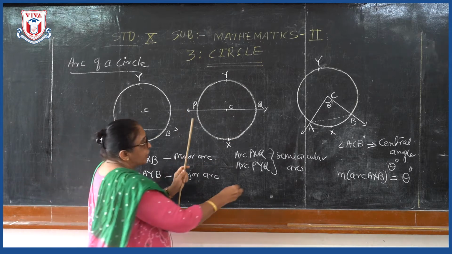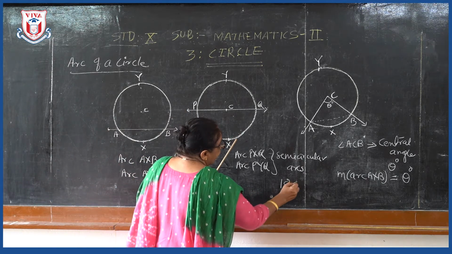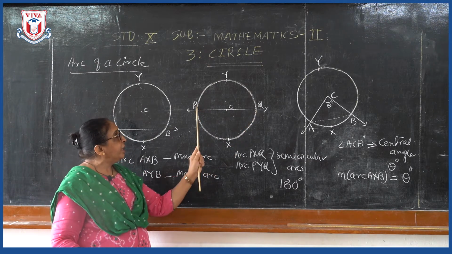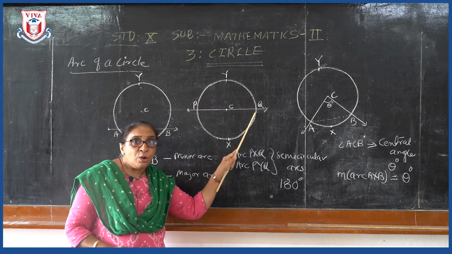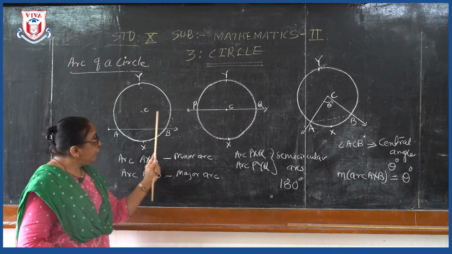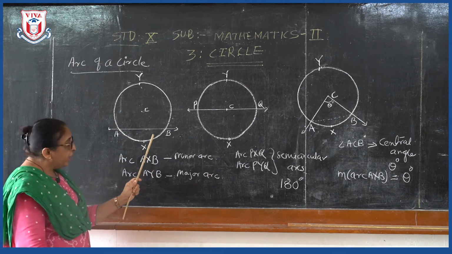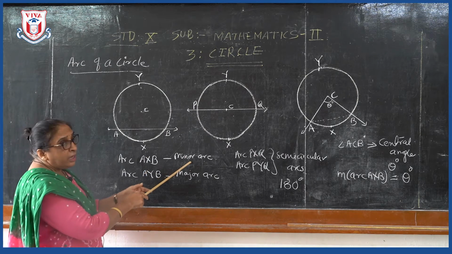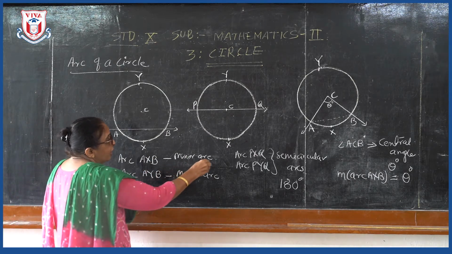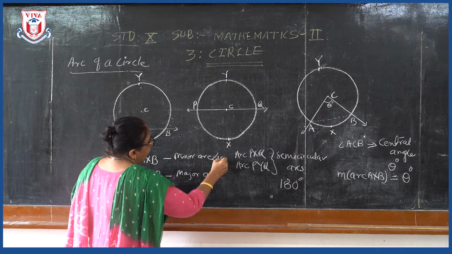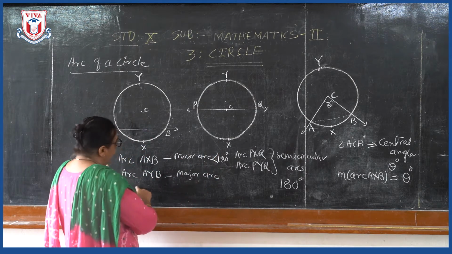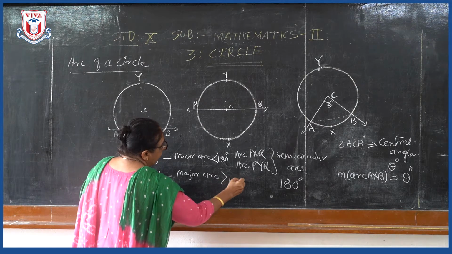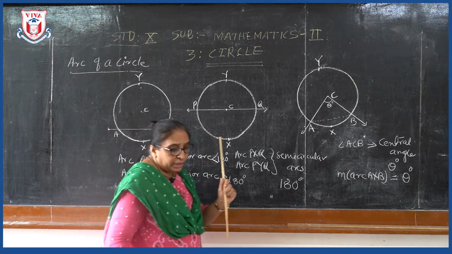So their measures will be exactly 180 degree. So arc PXQ is 180 degree, arc PYQ is also 180 degree. But if you see in the first figure, arc AXB is minor arc, so its measurement will be less than 180 degree, and arc AYB is major arc, its measurement will be more than 180 degree.